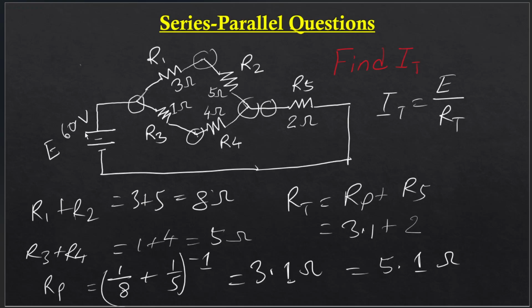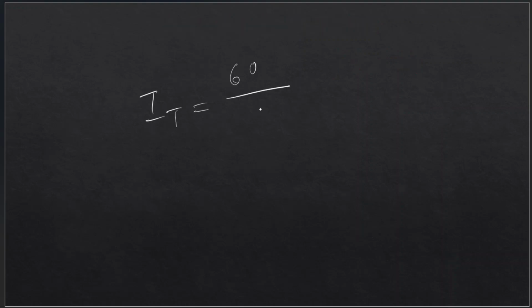For E we had 60 volts, and RT is 5.1 ohm. So IT is equal to 60 over 5.1, that is 11.8 amperes. That is our answer.